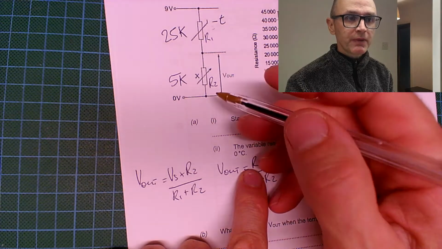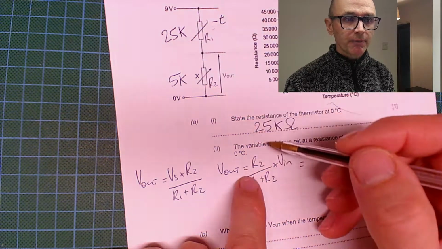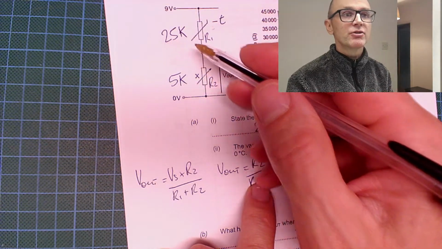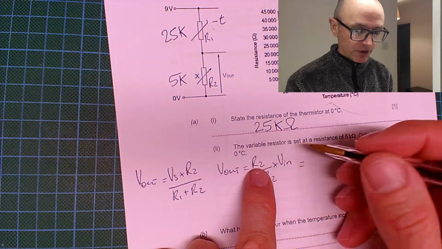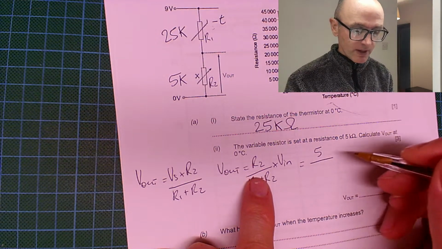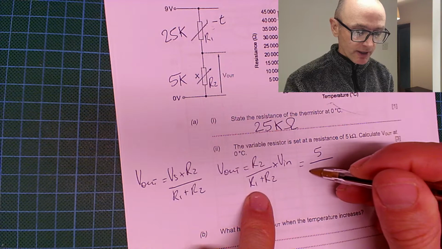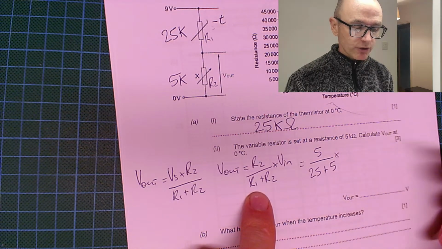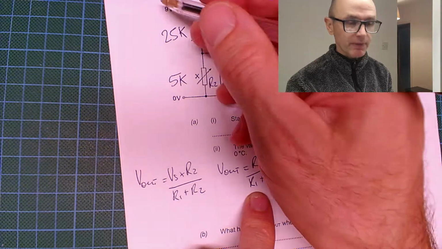So R2, now because all of these are K, I'm just not going to bother to write the K's in. So R2 is just 5, and then R1 is 25, and then R2 again is 5, and we're going to multiply that by 9 volts.